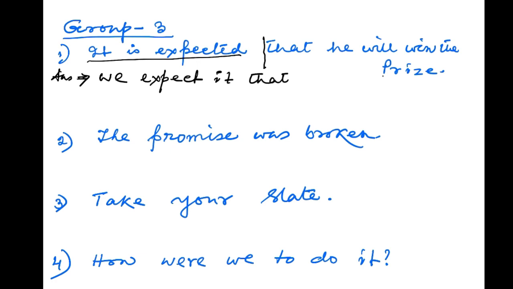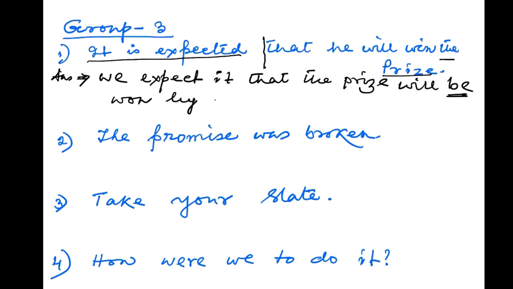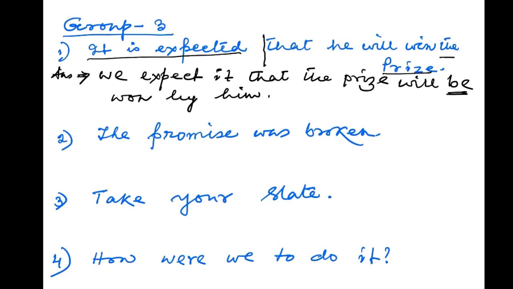We expect it that he will win the prize. The prize, the object, that the prize will be won. This is the future indefinite tense. Prize will be won by him. This is the changed sentence. Okay, we expected that the prize will be won by him.